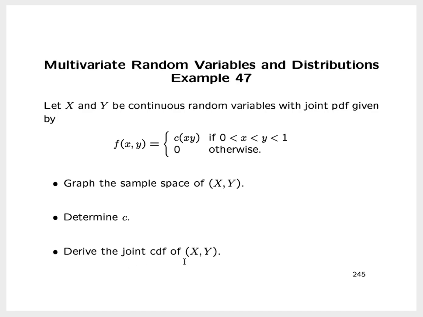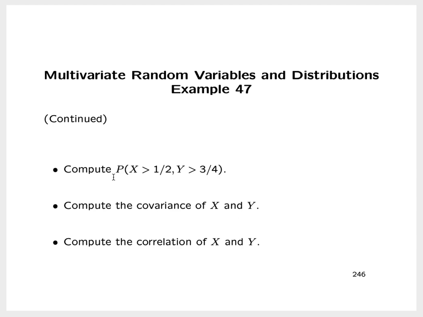We're going to derive the joint CDF of the bivariate random variable x and y. And we will compute, again, the probability that x is greater than 1/2 and y is greater than 3/4. And then we'll compute the covariance and the correlation of x and y.